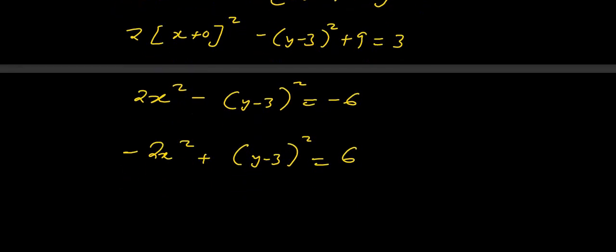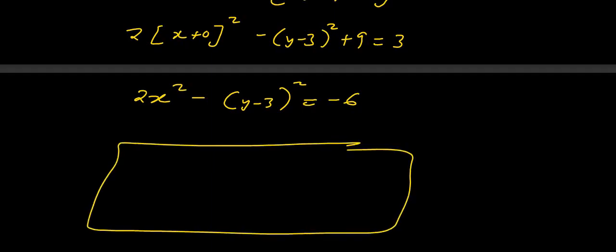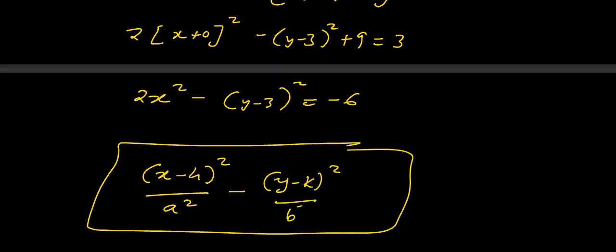In short, some people won't even do this. Remember how the discriminant told us we're supposed to get a hyperbola. So a hyperbola needs to have a 1 after the equal sign. How do I get rid of the 6? I cannot take this on the other side. Remember the general expression of a hyperbola is supposed to be x minus h squared over a squared, minus y minus k squared over b squared, is equal to 1.